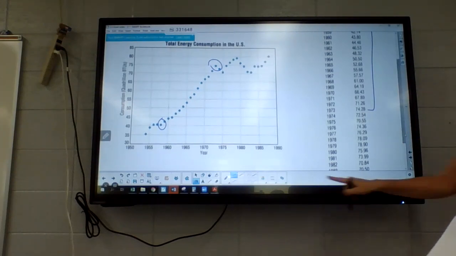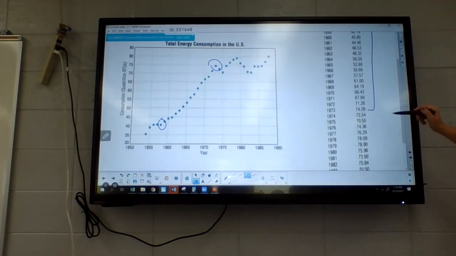So again, either looking at the table or looking at the graph, 70 to 80, our relative maximum is 1979. Yeah. And so in 1979, the energy consumption was at a high of 78.90.